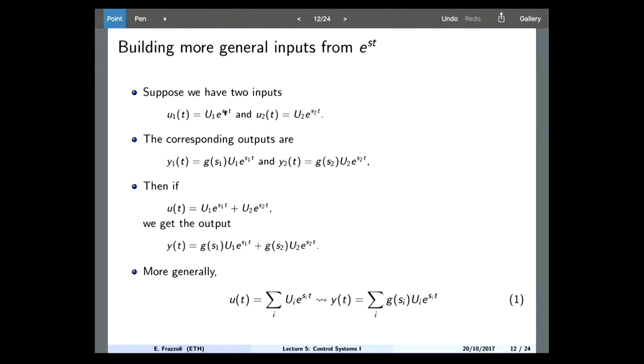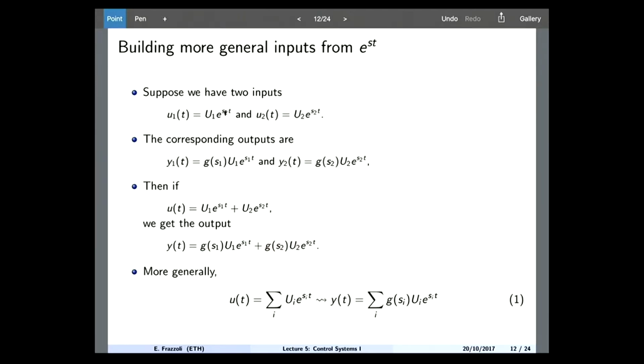Notice that s1 and s2 are in general different. So then if we choose the input to be this one, then the output will be this one. So we have the transfer function evaluated at s1 multiplying the first input plus the transfer function evaluated at s2 times the second input.